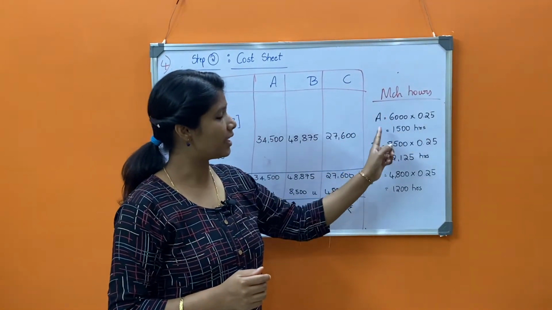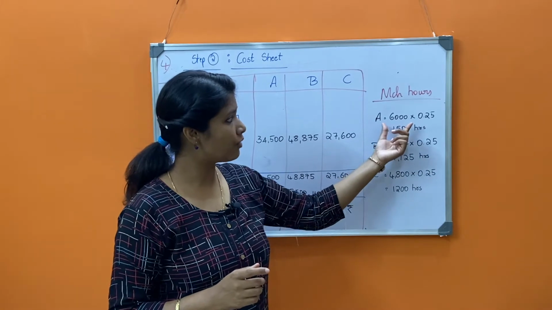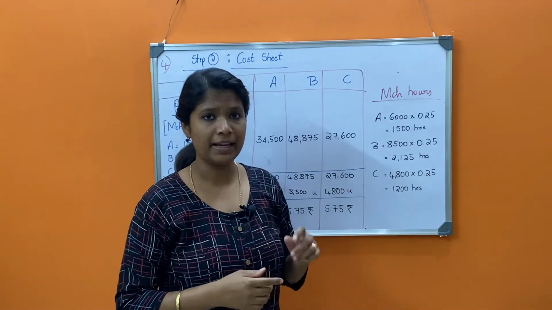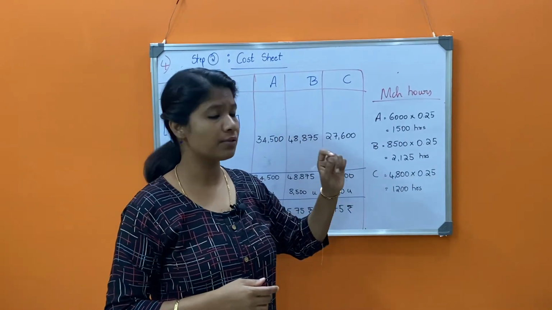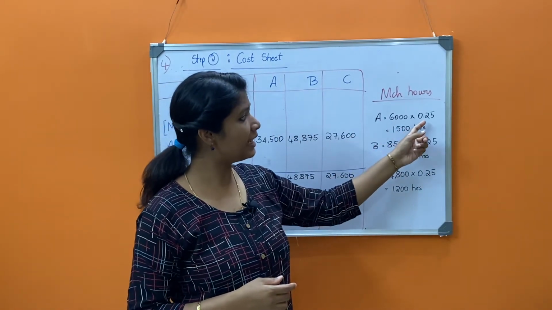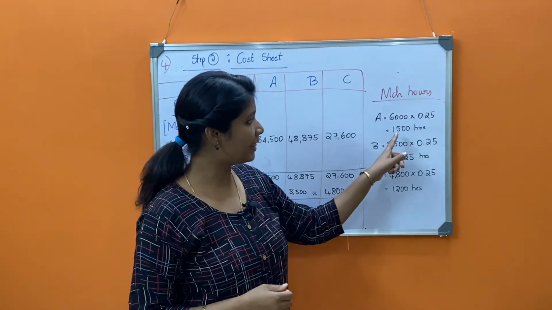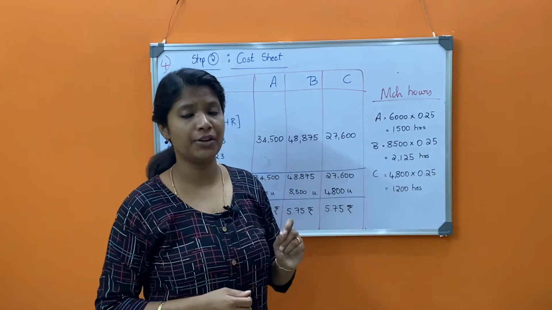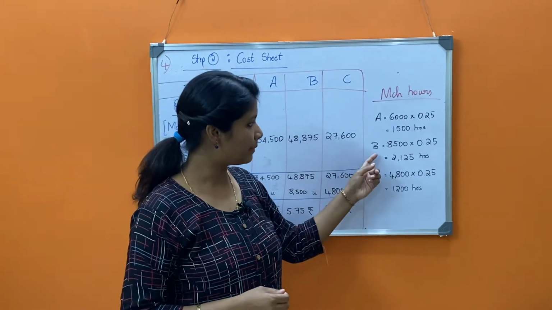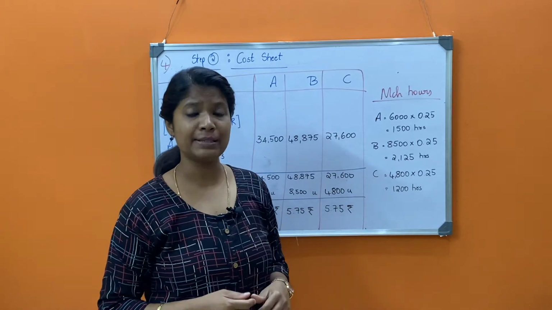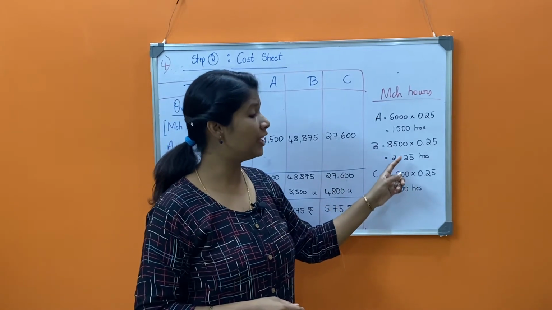So how do I find out? First, machine hours. How much has A taken? For producing 6,000 units, each unit takes 0.25 hours. When I multiply, I get 1,500 hours to produce product A. For product B, 8,500 units multiplied by 0.25, you get 2,125 hours.